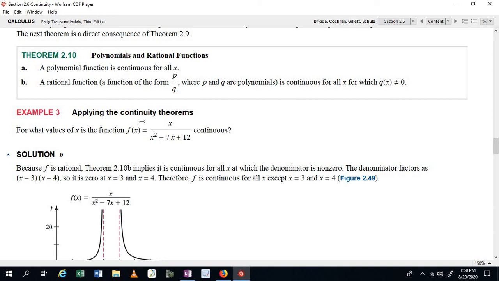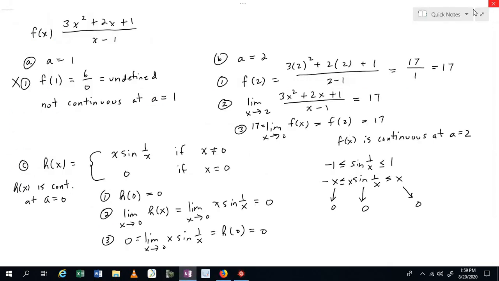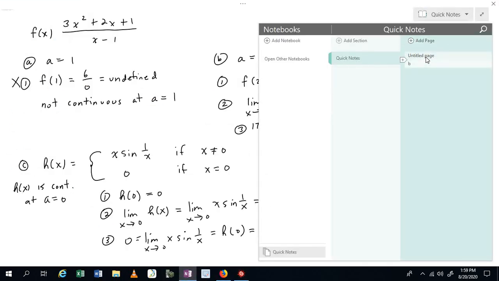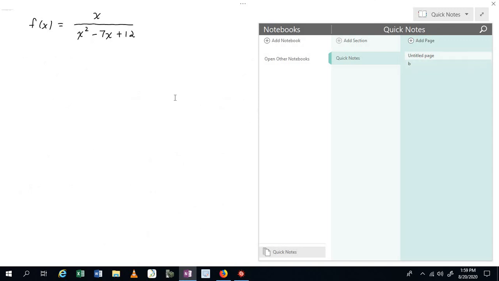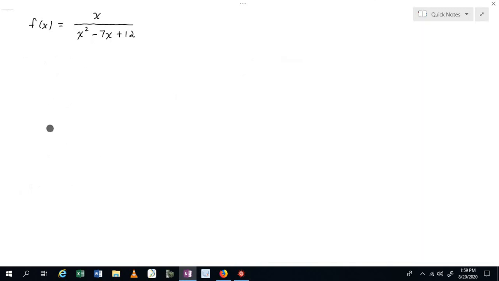Okay, so let's try to apply this theorem to example 3. For this function, we're going to try to determine where this function is continuous.